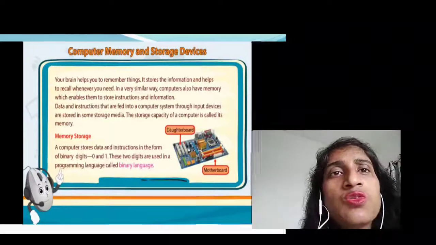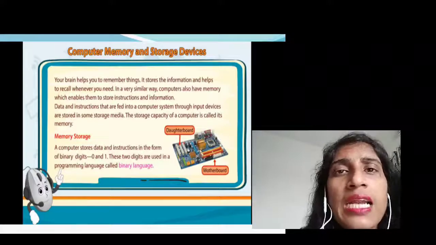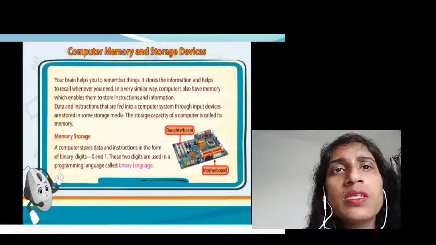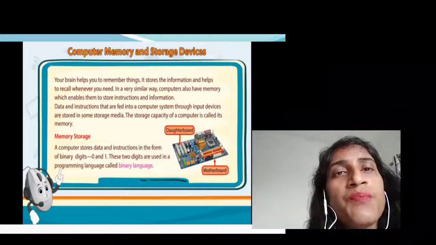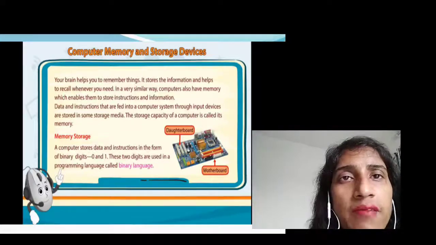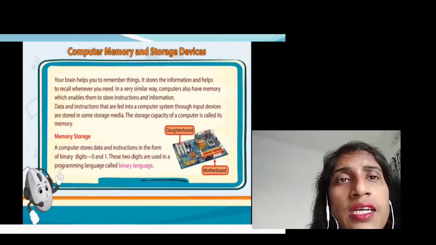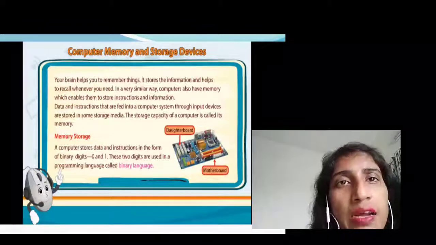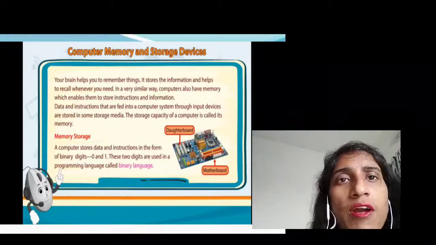These two digits are used in programming, and that is called the binary language. Get my point, students? You write your program in a higher language, and the translator converts your higher language into machine language, which is called binary language, 0 and 1 forms.